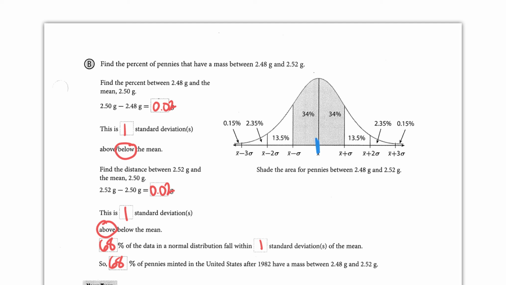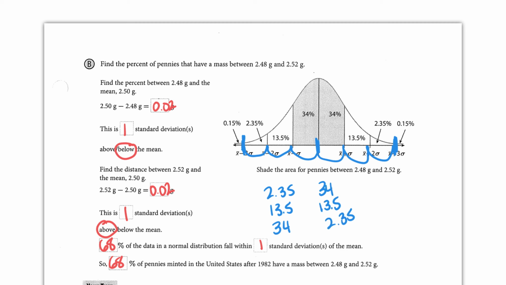Here's the mean, 3 standard deviations away: 1, 2, 3, and 1, 2, 3. So what percent is between here and here? We need to add up 2.35, 13.5, 34, 34, 13.5, and 2.35 to figure out how much is 3 standard deviations away.